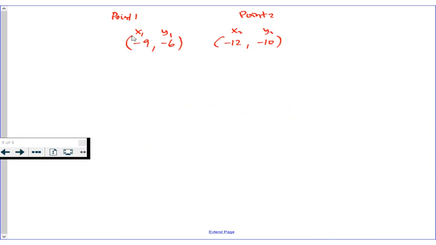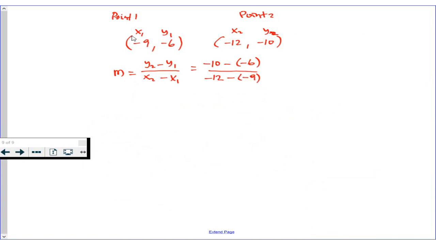So this is the formula for the slope. M equals y2 minus y1 over x2 minus x1. Rate of change of y, change in y over change in x. That's basically what slope is. So y2 is -10, minus y1 which is -6, divided by x2, -12, minus -9.